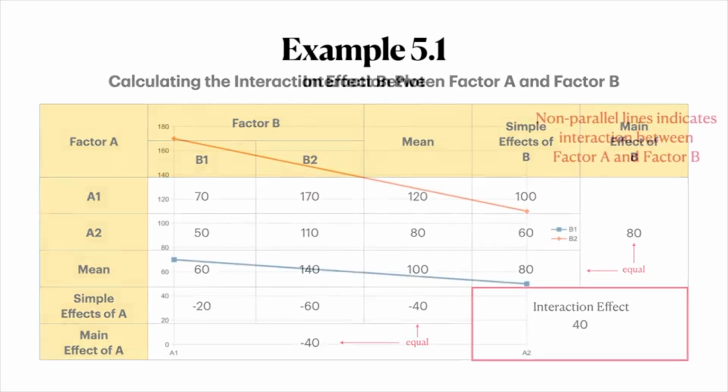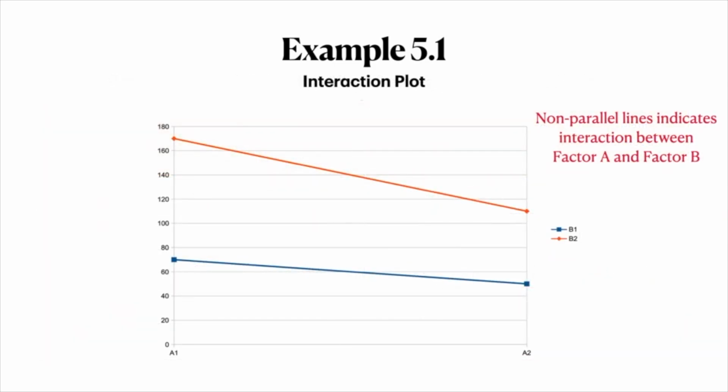Now, what I want to look at next is what's called an interaction plot. What I'm doing here is a plot of the treatment combination means. Along the horizontal axis, this would be not a quantitative axis, but a qualitative axis corresponding to the two levels of factor A, so A1 and A2.